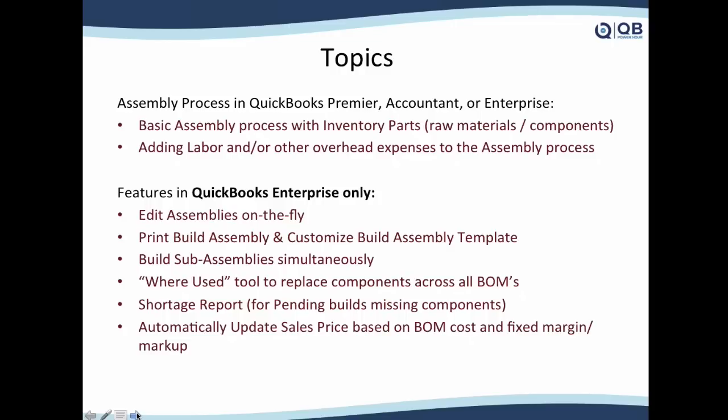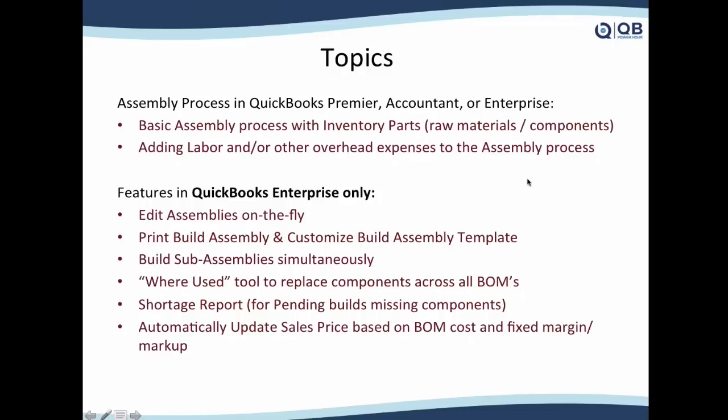You know, the actual person that assembles the process and the actual staff that puts it together is involved. It's not just machinery, it's staff too. So in order to add those expenses, there's a little bit of a trick that we're going to show you how to do. That's going to be right after we talk about just the basic inventory assembly process.